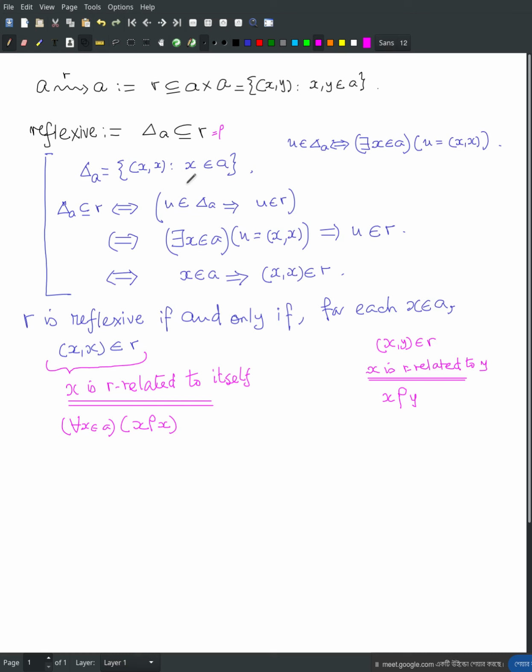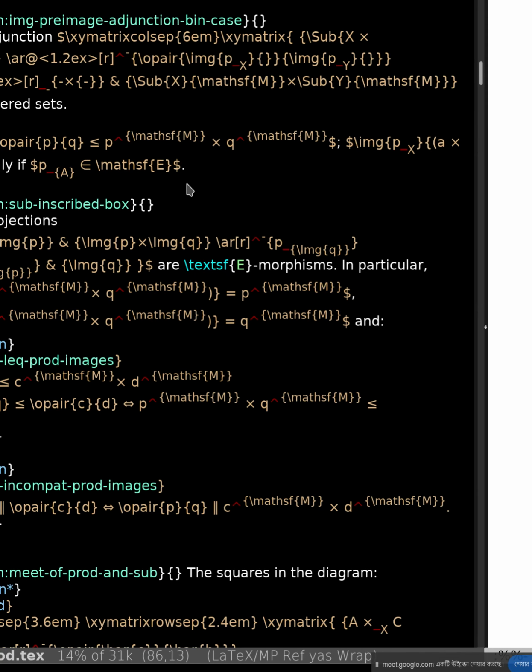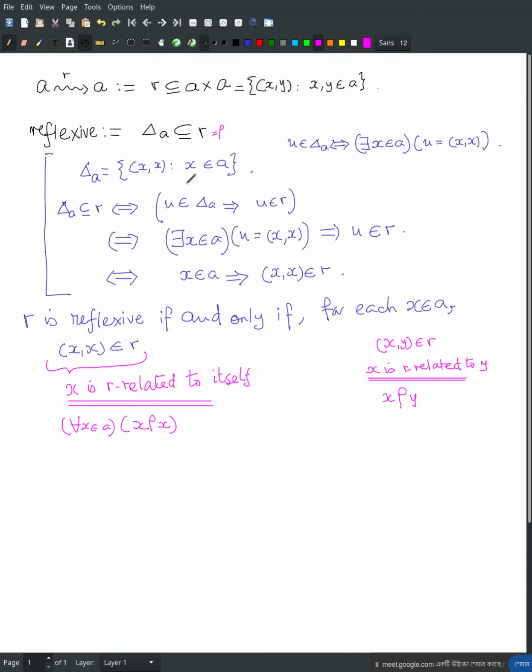So one way to tackle this animal in definition 4.1.1 is to write it out in the language of elements, and then you will have a much more seemingly concrete picture.